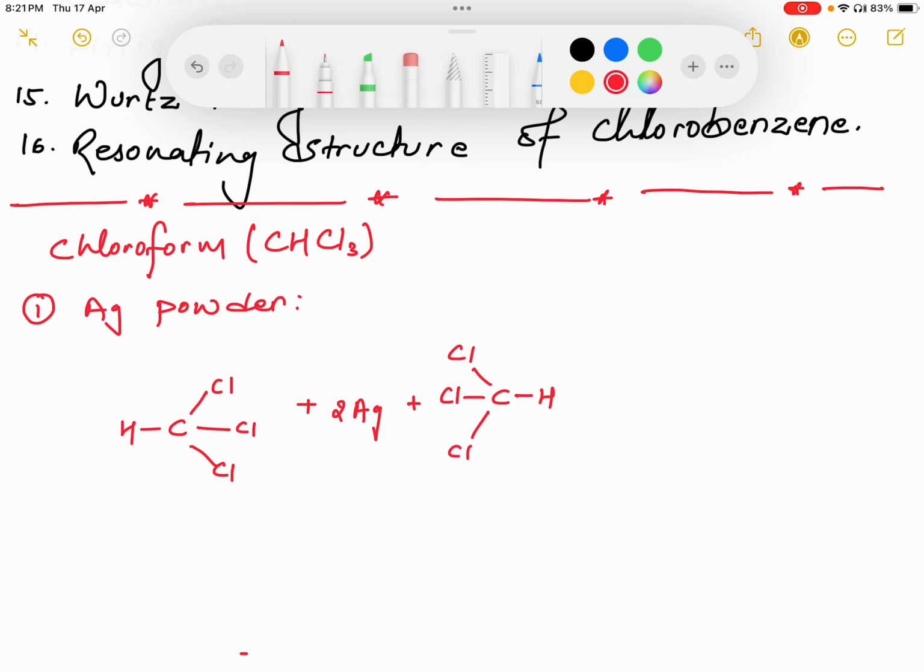So the product formed will be ethyne. What will exactly happen is, sorry, there will be six molecules of silver.